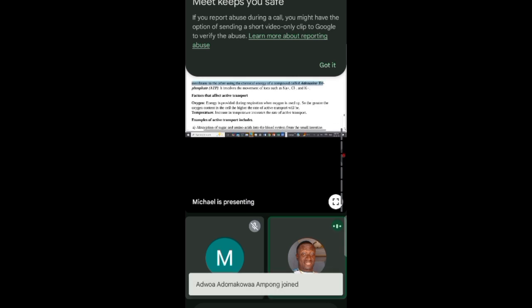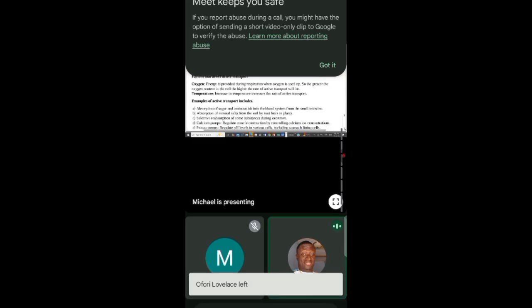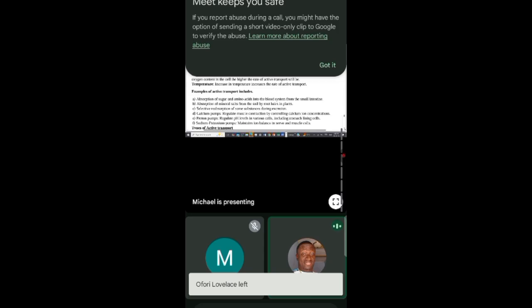And we have examples of active transport. We'll look at some of the examples. As I said earlier, it occurs mostly in the kidney cells, and in the absorption of sugar and amino acids into the blood system from the small intestine. So the small intestines occur over there, also in the kidneys. Okay.